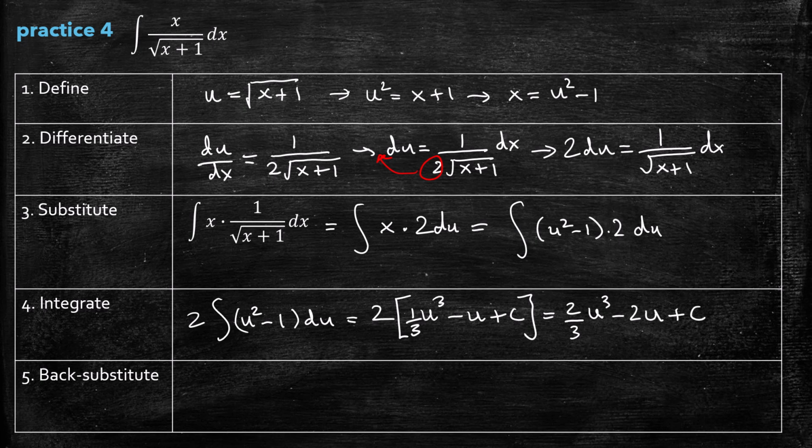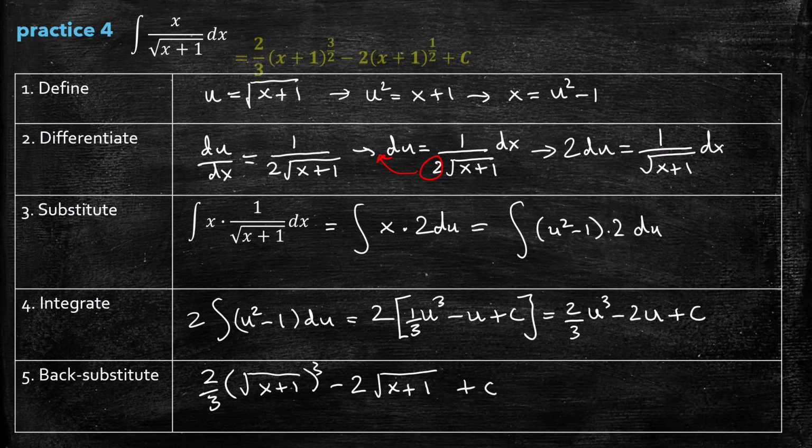And then we just have to back substitute. Well, u was the square root of x plus 1, so we get 2/3 times the square root of x plus 1 cubed minus 2 times the square root of x plus 1. So you could leave it like that, or you could transform everything into rational exponents.